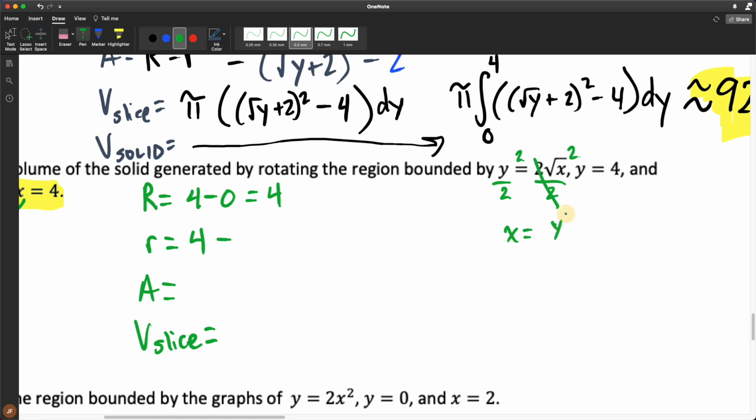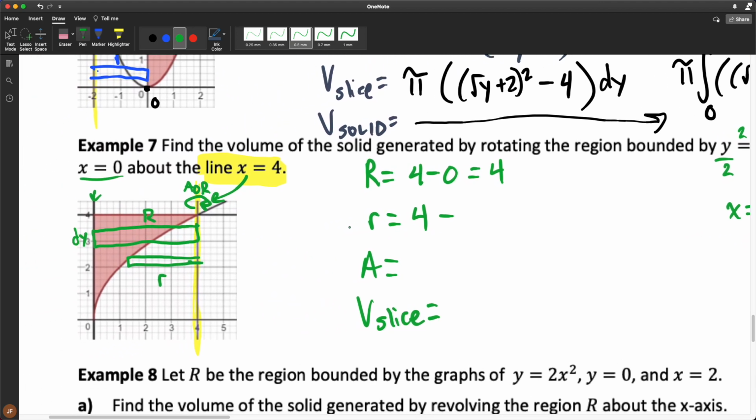So now we've got y squared over 4. So x equals y squared over 4. That is our curve there. So I'm going to jot that down. X equals y squared over 4, or 1/4 y squared, whatever. So that's what we're going to subtract. That's that left part of our curve there. Alright, so that's our little r.